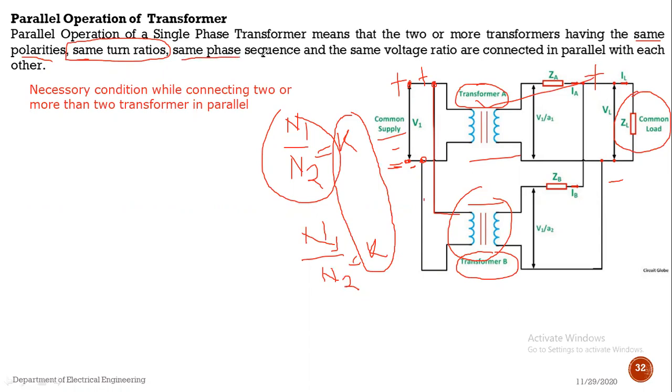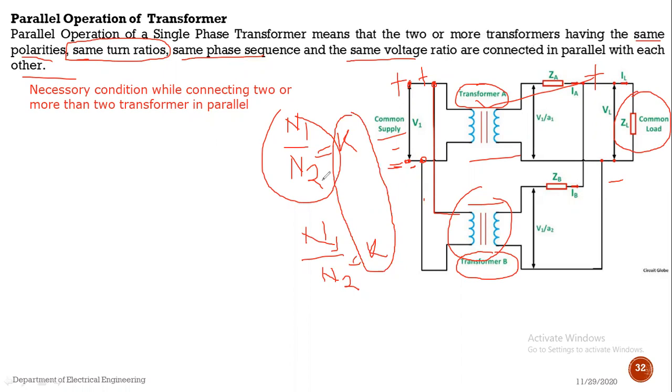the same phase sequence. If there are three-phase transformers, then the phase sequence of the first transformer is RYB, and the second transformer also RYB. Okay, and the same voltage ratio are connected in parallel with each other.